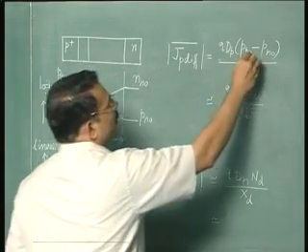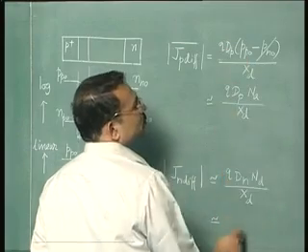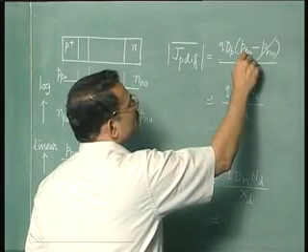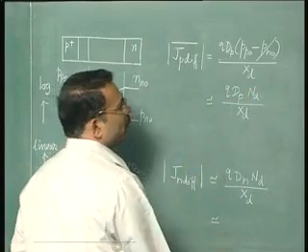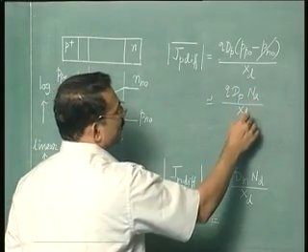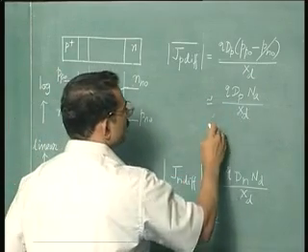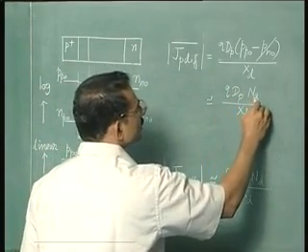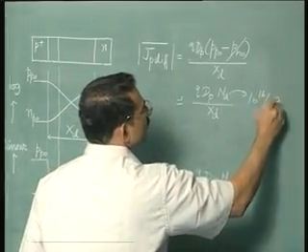Now here pn0 is much less than pp0, so you can neglect this. Further, pp0 is approximately equal to the doping level Na. We are assuming complete ionization and neglecting thermal generation. So q dp Na by xd is the average diffusion current. So you can substitute the various values. Na is 10 power 16 per centimeter cube.